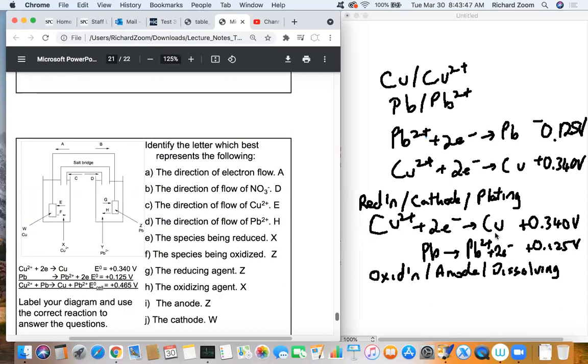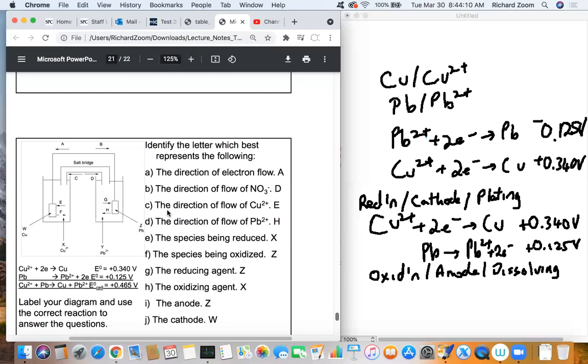And when it turns into copper solid, it doesn't need those nitrates anymore because the copper is neutral. However, the lead is turning into lead 2+. The lead doesn't need nitrates, but the lead 2+ does. So the nitrates are going to flow from the copper side over to the lead side, which means they're going to flow this direction, which is going to be D.